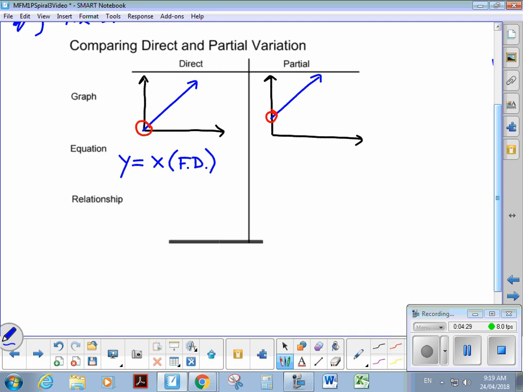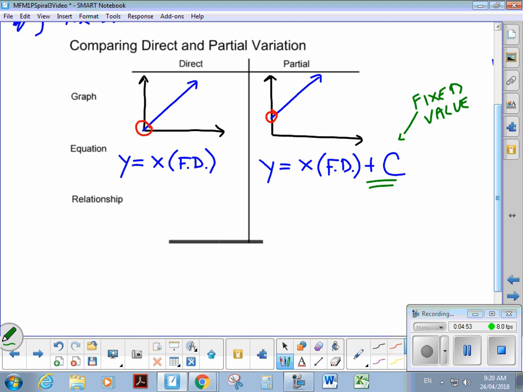For partial variation, y equals x times first differences plus some fixed value. I'm just going to underline it to show that that's the difference between the two.